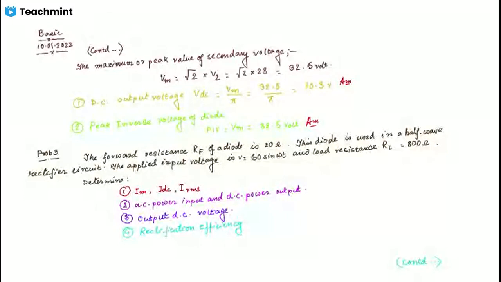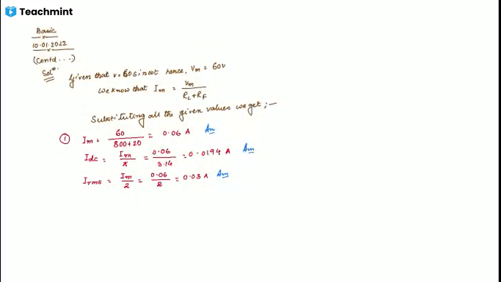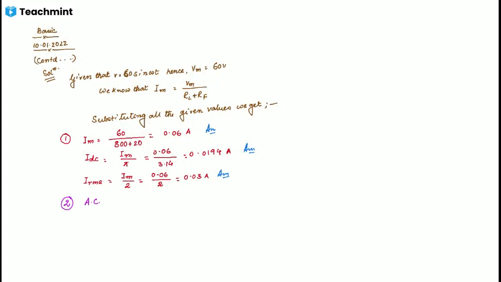Now we go to the next one, that is AC power input and DC power output. So number 2, AC power input, that is represented as P of AC.